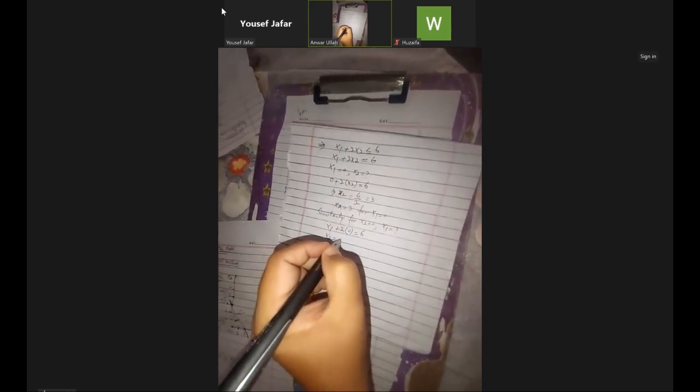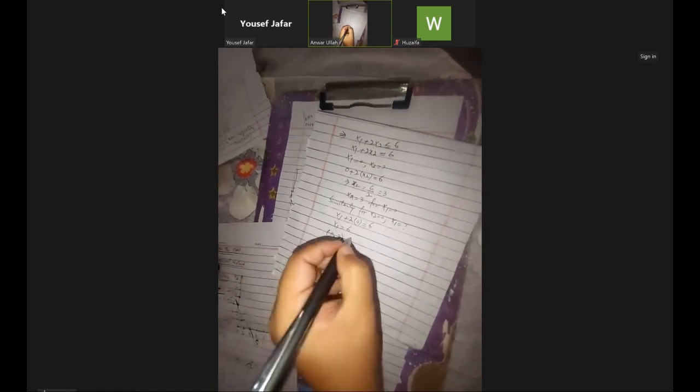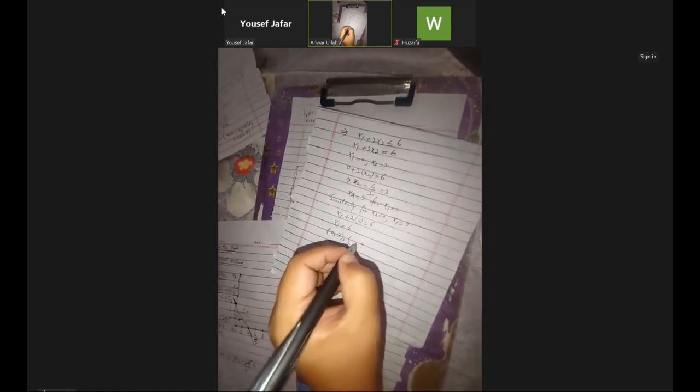So x1 is equal to 6. Now we have 2 points here. For x1 is equal to 0, x2 gets the value 3, and for x2 is equal to 0, x1 gets the value 6. So this point and this point need to be plotted in this XY plane.